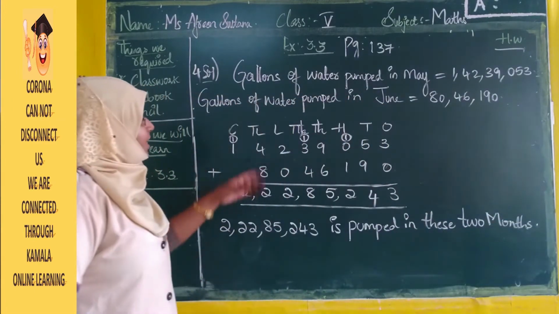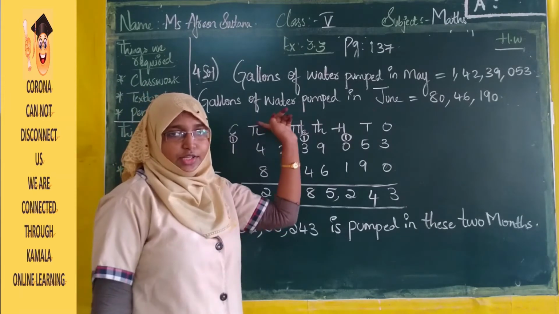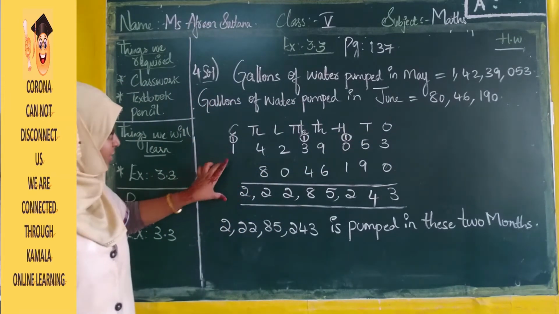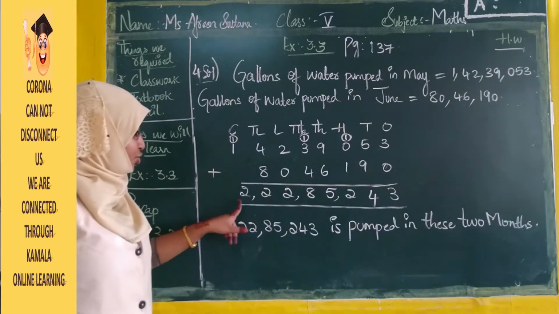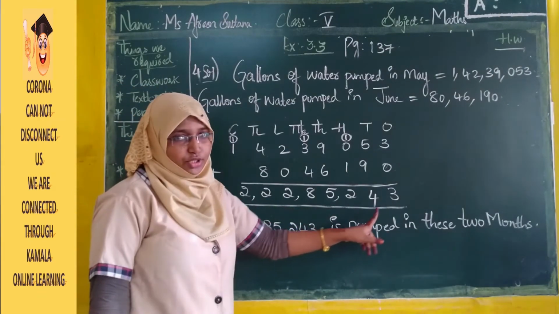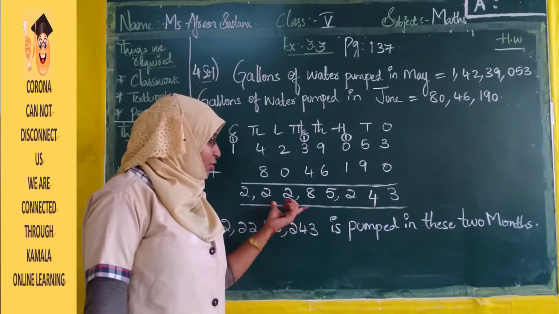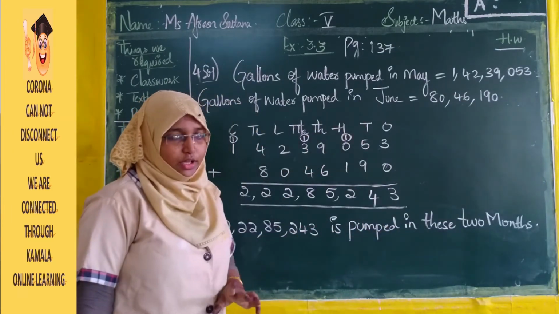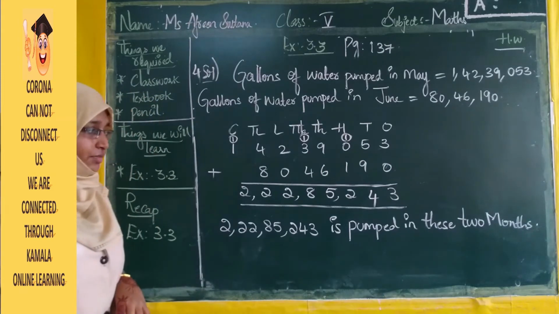So gallons of water pumped in the month of May, gallons of water pumped in the month of June. To find total, we have done the addition. So answer is 2 crores 22 lakh 85,243. This much amount of water has been pumped in this 2 months, that is in the month of May and June. I hope it is very clear.